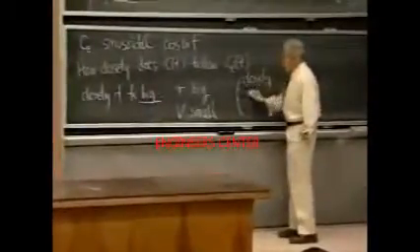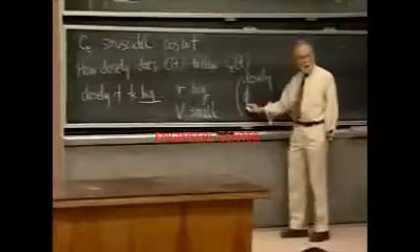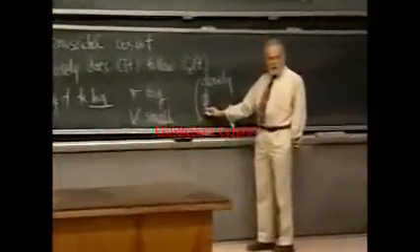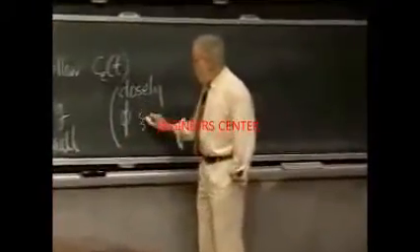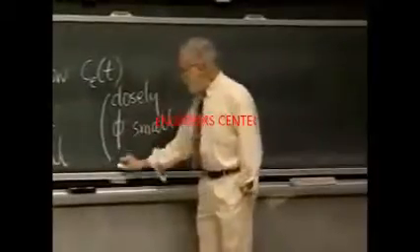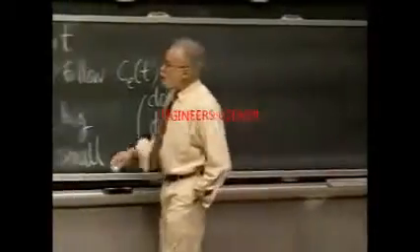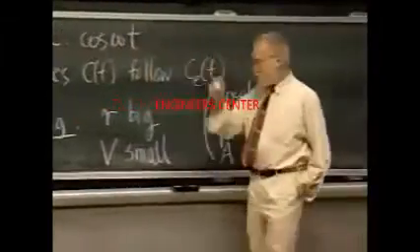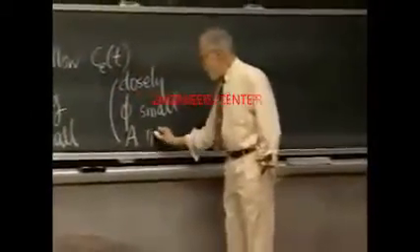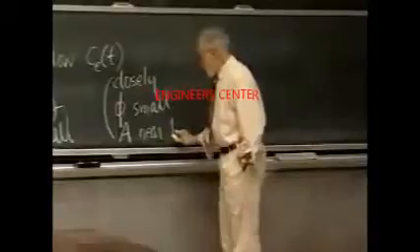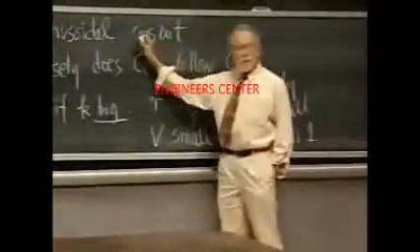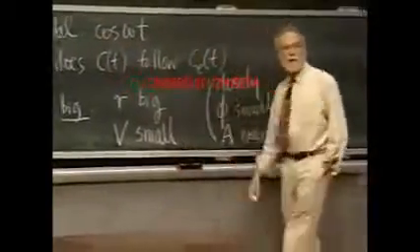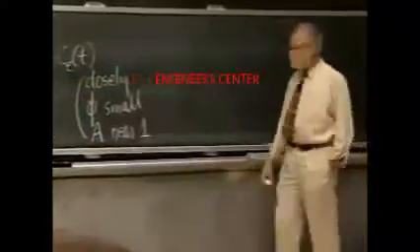So closely means that the phase lag is small. And the amplitude is near 1, because the biggest the amplitude could ever be is 1, since that's the amplitude of the incoming signal, the input, whatever you want to call it.